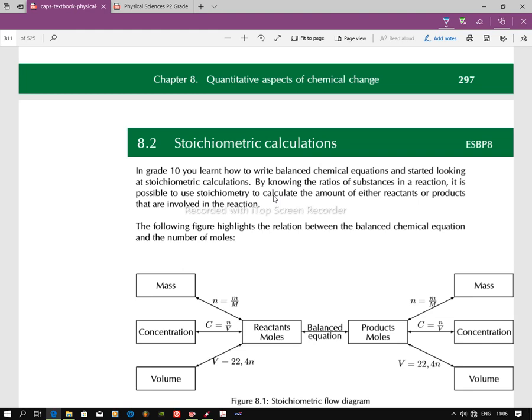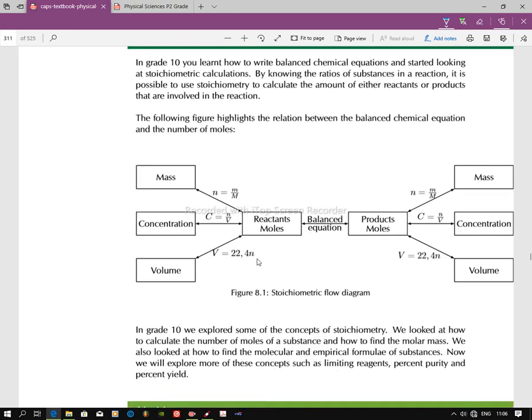The following figure highlights the relation between the balanced equation and the number of moles. So here we are given something like a stoichiometric flow diagram in figure 8.1.